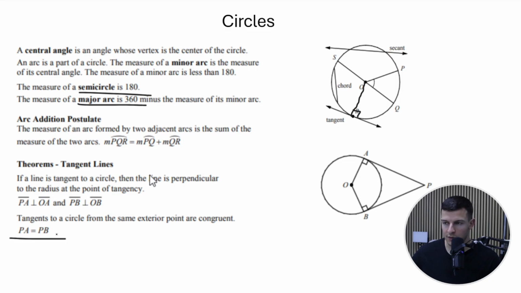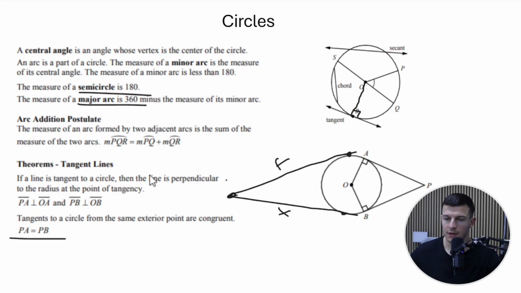Another key point to remember is that tangents to a circle from the same exterior point, in this case P, have the same distance to the points of tangency. So if this is X, this is also going to be X.